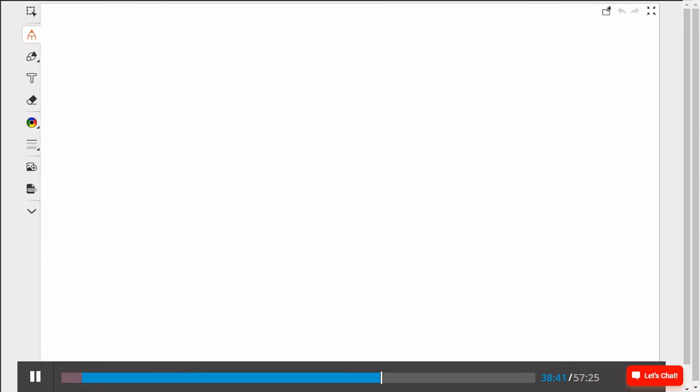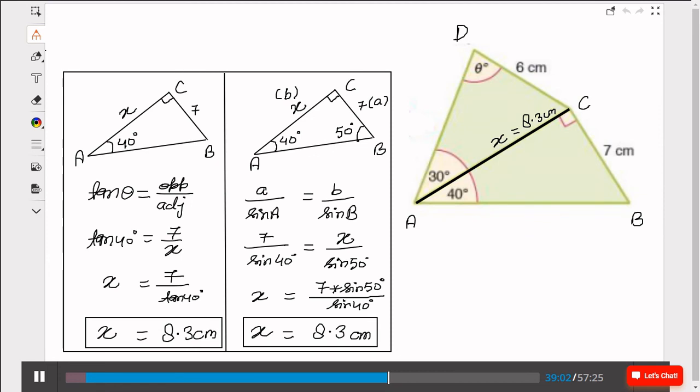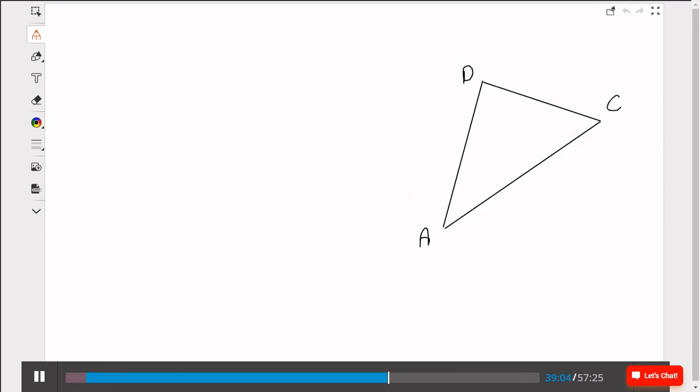This one, never mind, that's not the theta. This angle has to be figured out. This is theta, and this is 30 degree at the bottom. Now you have two sides. This is 8.3 centimeter, and this side is given to you as 6 centimeter.